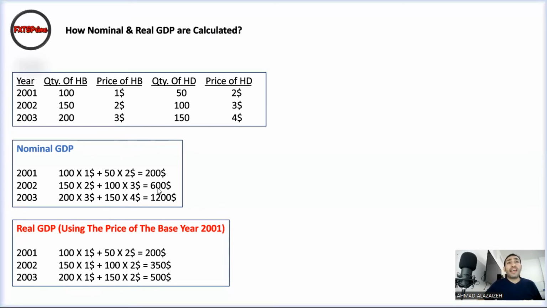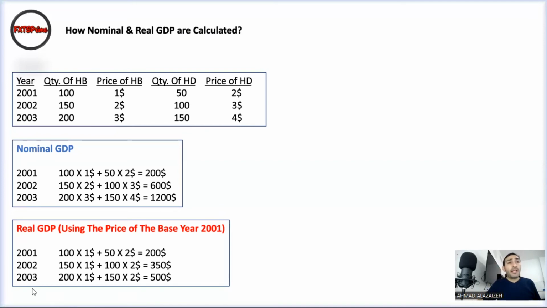If you realize here, the real GDP is different from the nominal GDP because it removes the inflation on the prices and gives you the growth in the amount of products being produced within the US market.